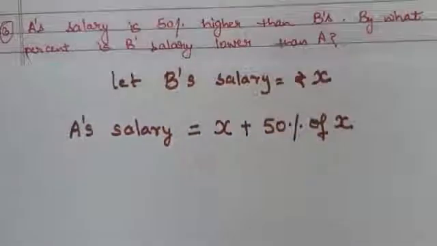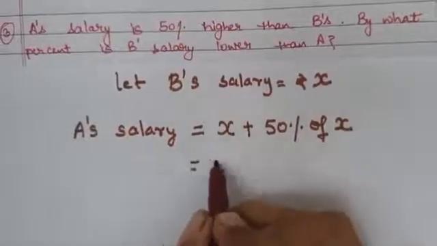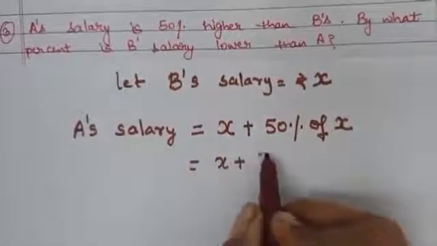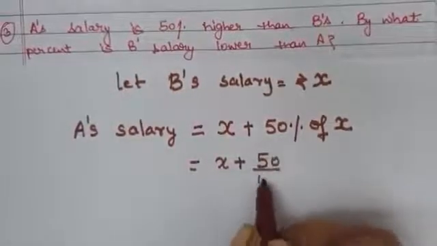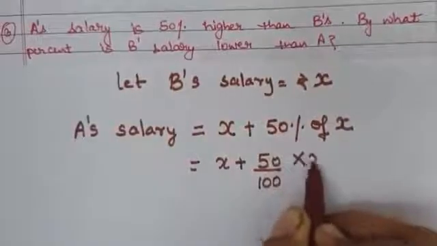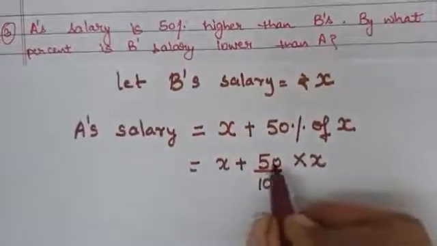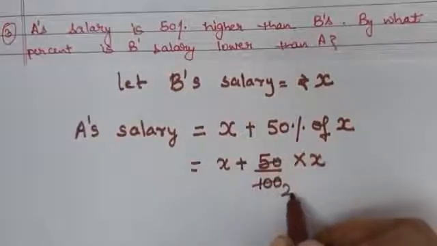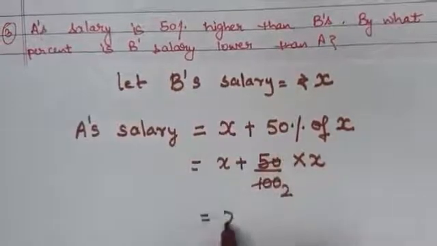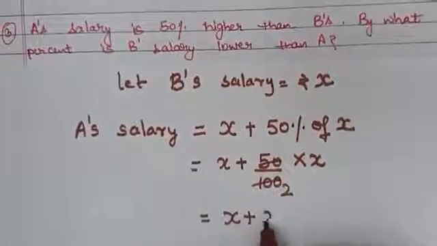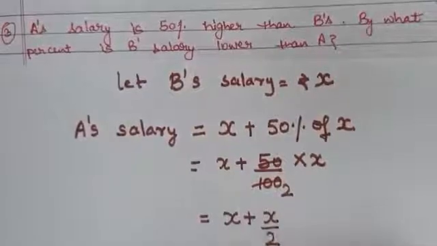Clear? So now X plus 50 upon 100 multiplied by X. 5 2s are 10, so X plus X upon 2.